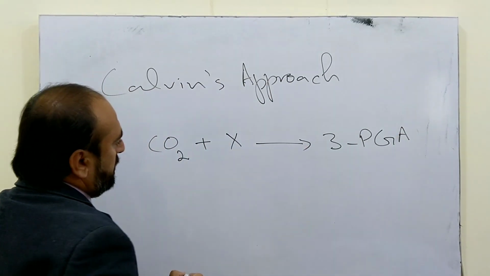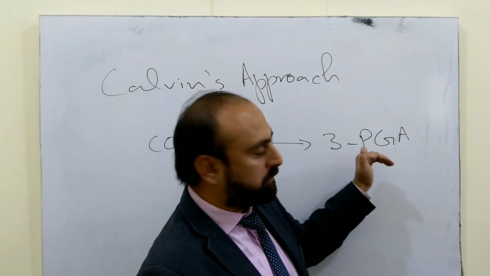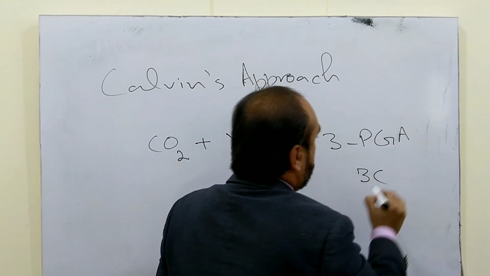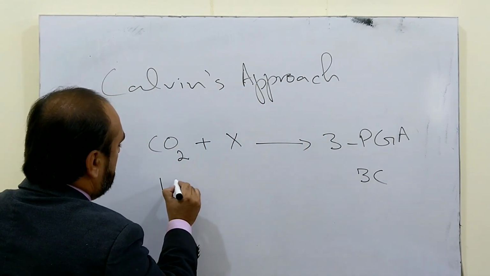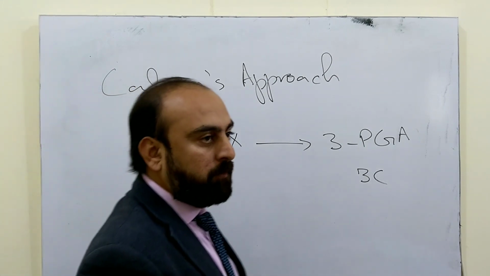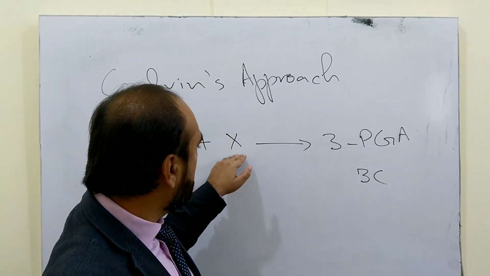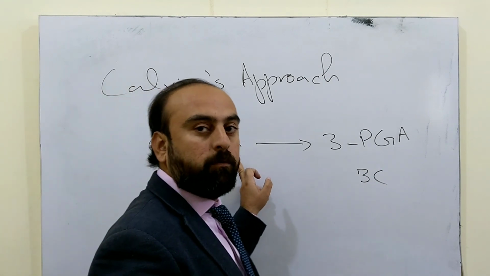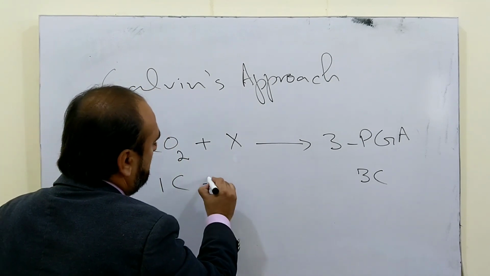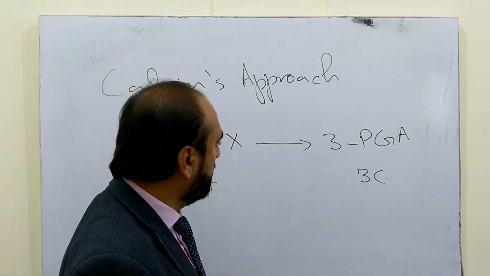So now they knew that they used carbon dioxide and they got the first stable product, phosphoglycerate. That is a 3-carbon product, and there is one carbon dioxide. But still they had to solve another puzzle: the number of carbons in the first acceptor molecule of carbon dioxide. They didn't know what the carbon number would be.